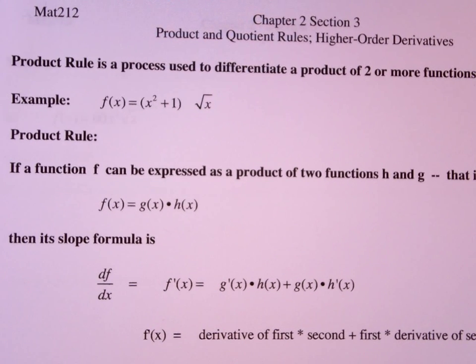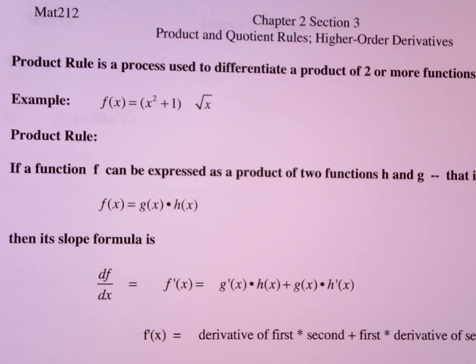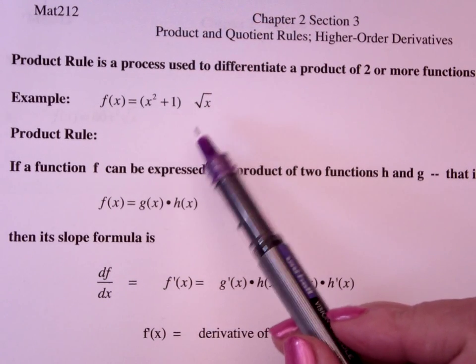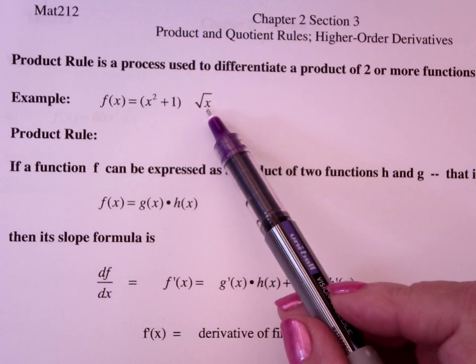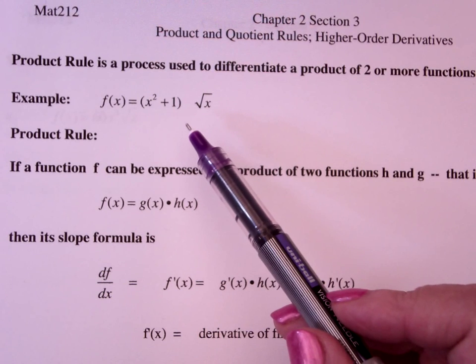What the product rule is designed to do is to have the ability to take the derivative of two functions which are multiplied together. Sometimes, in this particular instance, I could write this as x to the 1/2, clear the parentheses, and just use power rule on it.